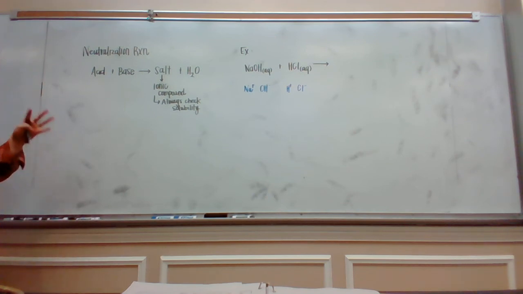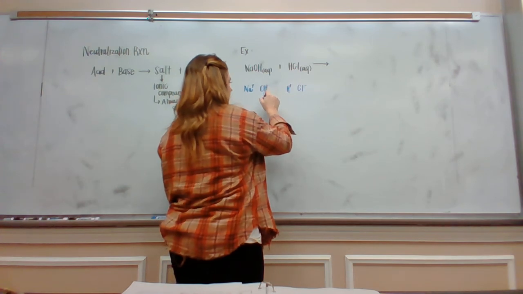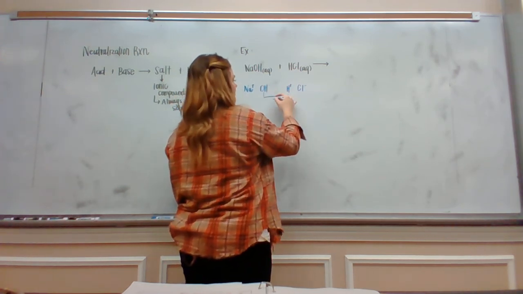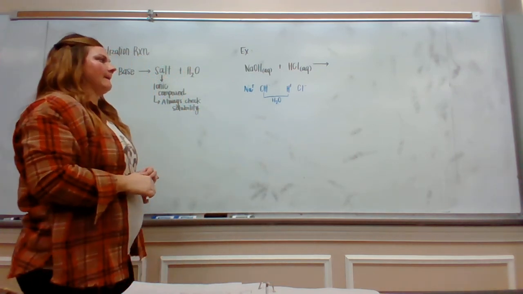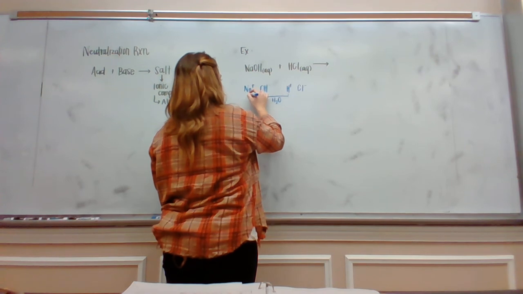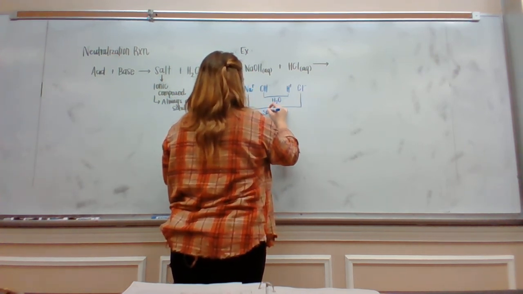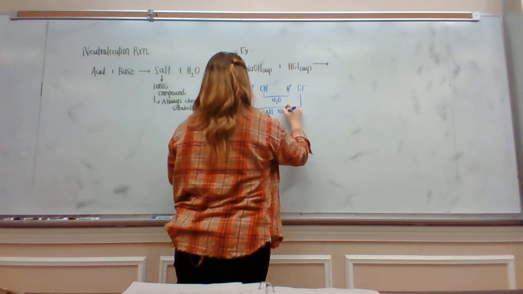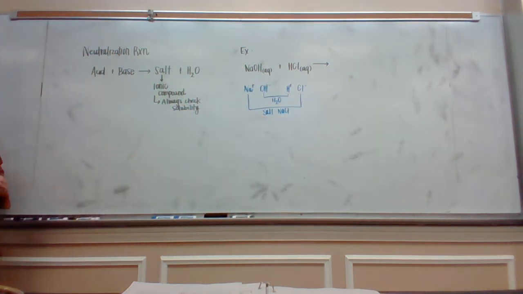With your acid-base reactions, your H plus and your OH minus go together because that is what is forming the water. Okay, so then the other two ions are forming your salt. Again, always check your solubility on your salt.